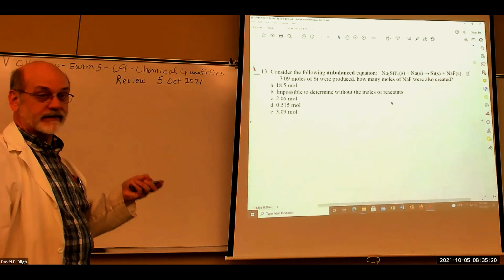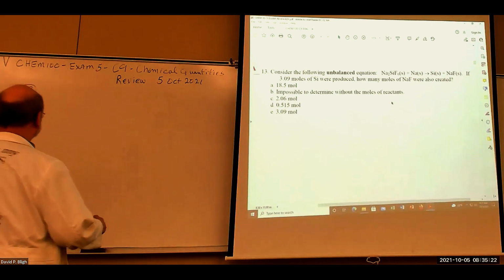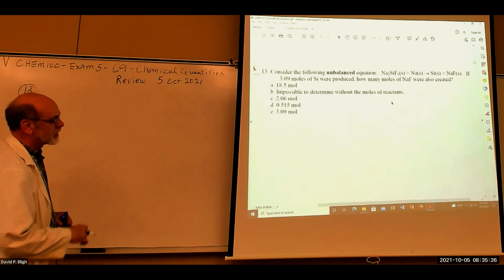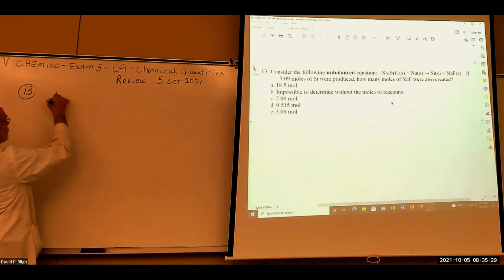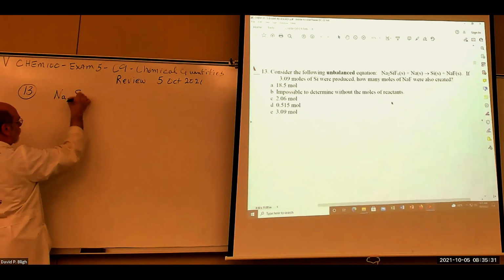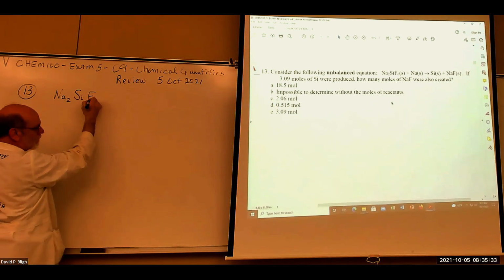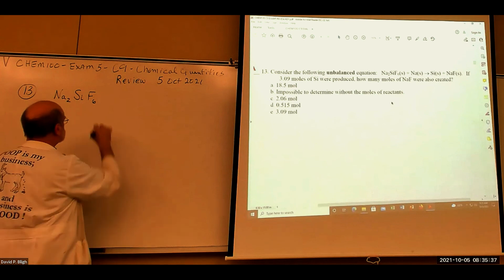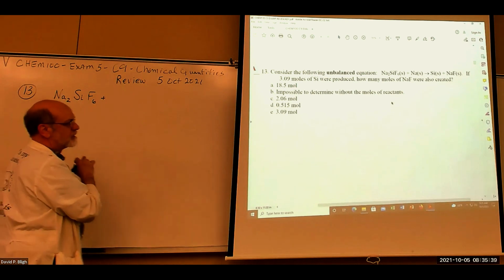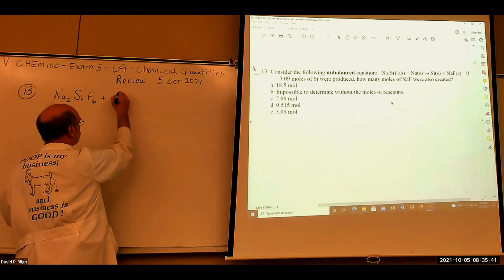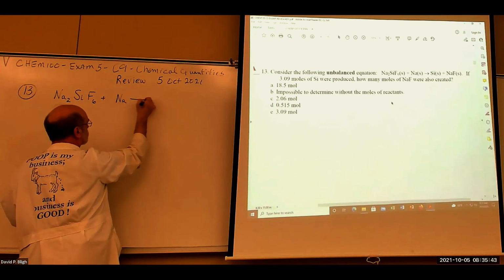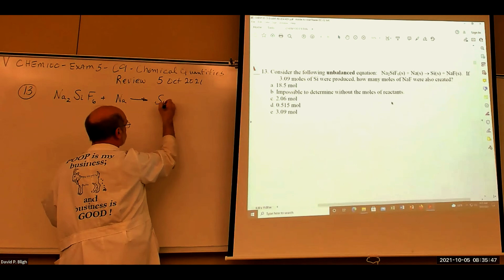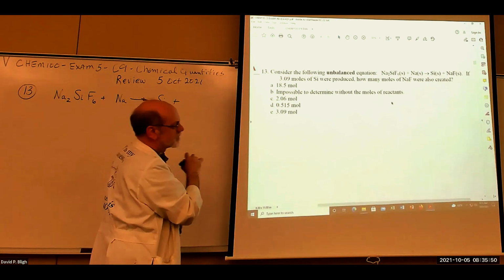Okay, so we need to balance this equation. Sodium silicon fluoride, Na2SiF6, plus sodium yields silicon plus sodium fluoride.